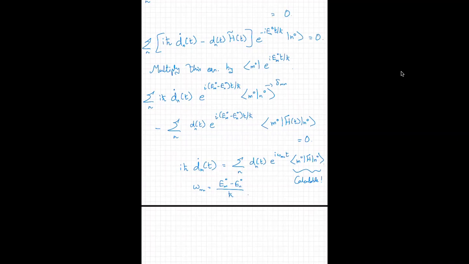So I will stop at this point because I have set up the differential equation for d for the time dependent problem, and we will discuss how to solve this tomorrow. We'll also discuss some terminology like what is a sudden perturbation and things like that. So today I will just stop at this point.